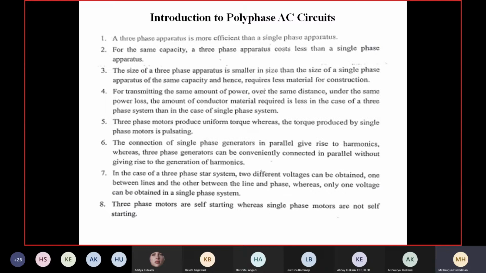The same is not true when single phase AC generators, 100 or 200 together, meet your requirement. When they are put in parallel, there is a natural observation of harmonics, which cause a deterioration of the quality of the power or the nature of the waveform, which we cannot fix immediately. We have to adopt some additional measures. That is not there in three phase.